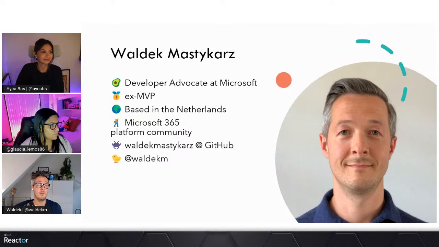I was an MVP for 12 years before I joined Microsoft, so a bit of time. And for all these years, I primarily worked with Microsoft 365, before that Office 365 and everything else that it was first. I'm active in the community. You can find me on GitHub, Twitter, LinkedIn, social platform of your choice. Again, excited to be here and to show you the cool app that we've built for you and that you will probably be able to experiment with yourself.